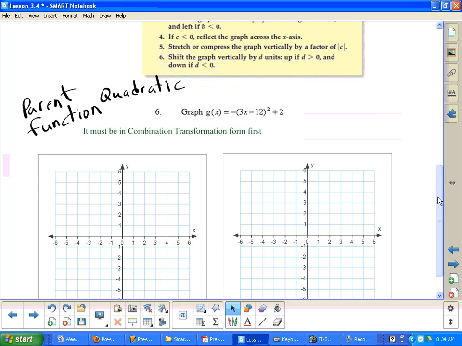So anytime there's a coefficient of x, you have to factor out that coefficient. It's not going to go outside the parentheses, but I have to factor it. So the first thing I have to do here is take out that 3.